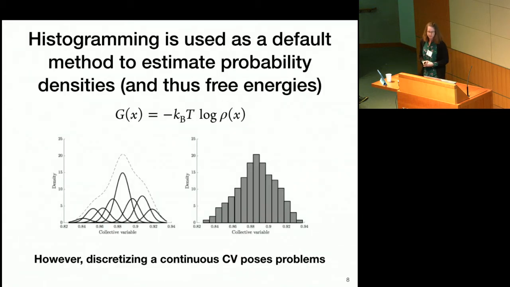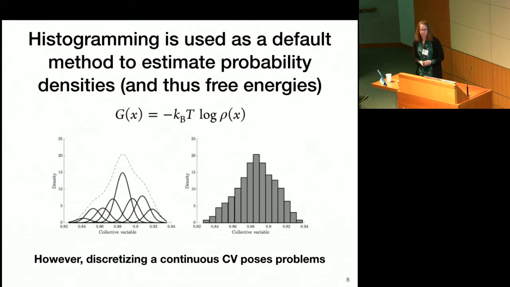But before we did this, we stumbled upon a problem that is sometimes, or maybe much of the time, overlooked. And that is having access to a method that estimates probability densities, which are related to free energies, as everybody knows, through the Boltzmann relationship. By default, I believe in the field of molecular simulations, what is done is basically histogramming.